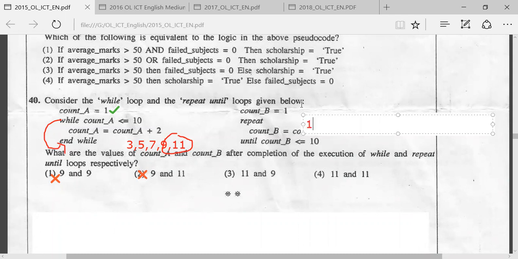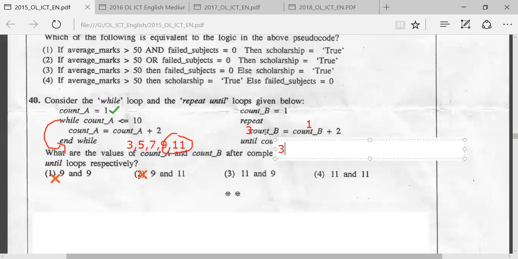B is equal to 1, 1 plus 2, it is 3, until count B less than or equal to 10.